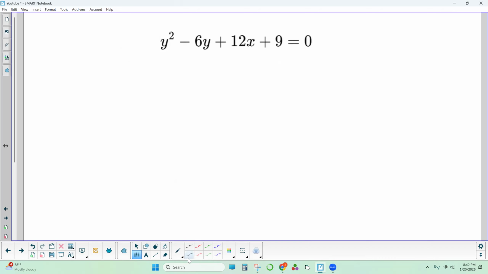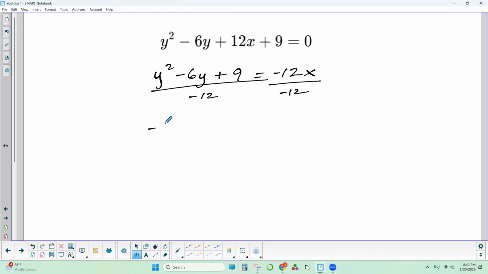So I'm going to rewrite this and move my x term over, and then divide by negative 12. That gives me negative 1/12 y squared plus 1/2 y minus 9/12 equals x. Now it's in standard form.